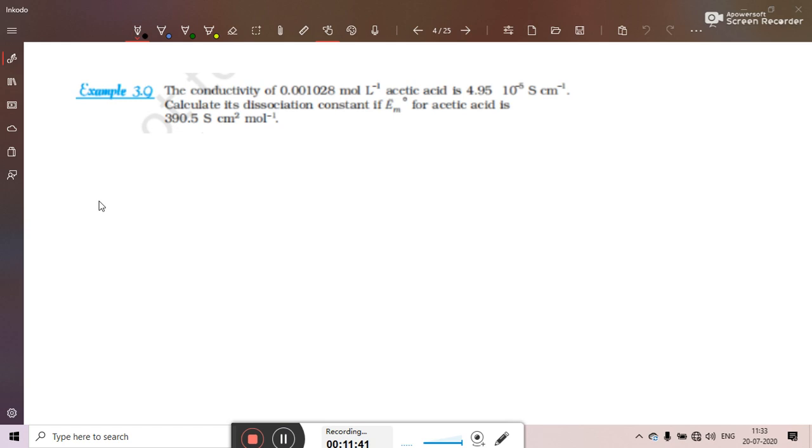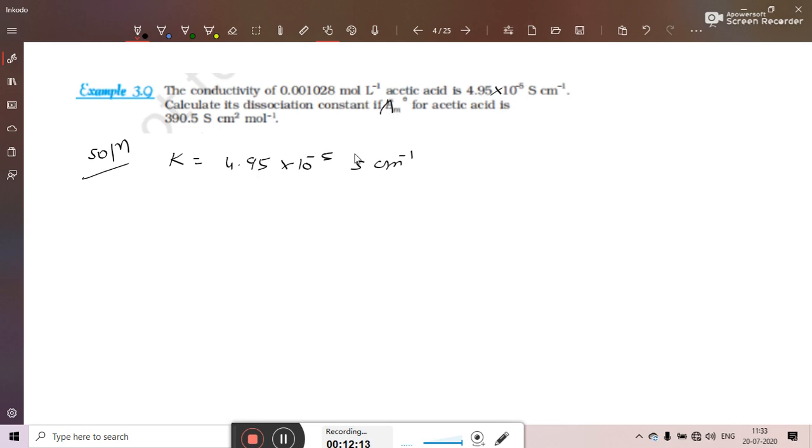Now next is example number 3.9. The conductivity, that is K, of 0.001028 mole per liter acetic acid is 4.95 into 10 raised to minus 5 Siemens per centimeter. Calculate its dissociation constant.